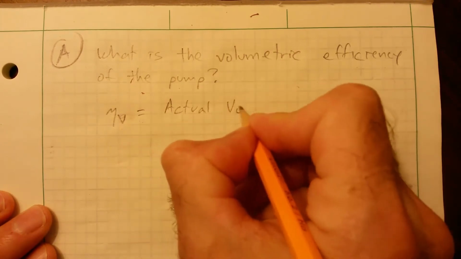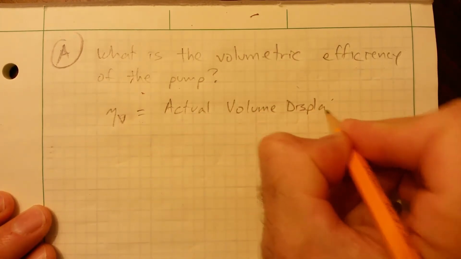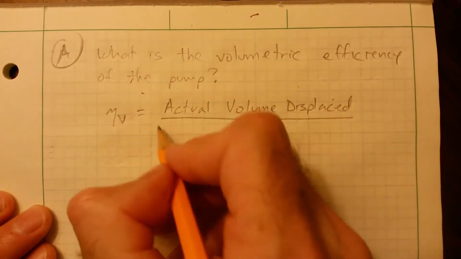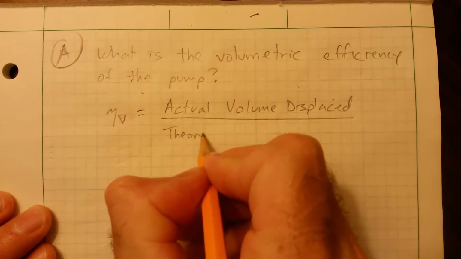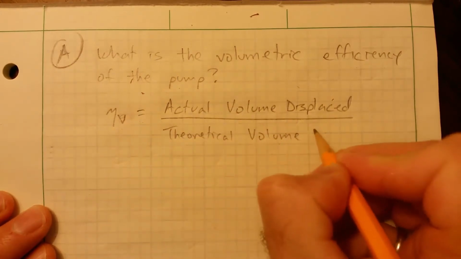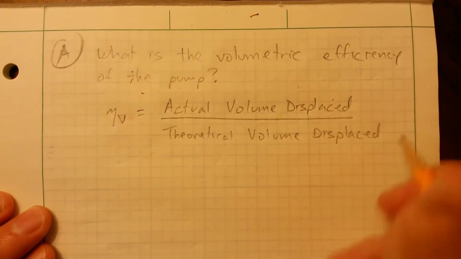The actual volume displaced or dispensed divided by the theoretical volume displaced by the pump.